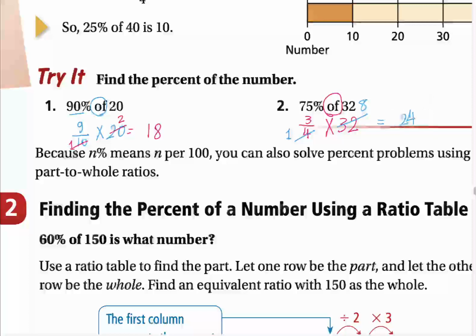Do not use your mics without permission. Let me show you again what we're doing here. We write the percent as a fraction, use the word "of" as multiplication, and just multiply it by the number. That's all we're doing.